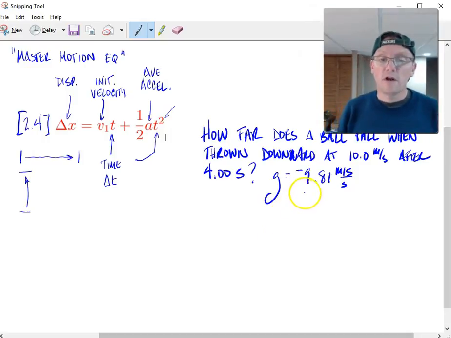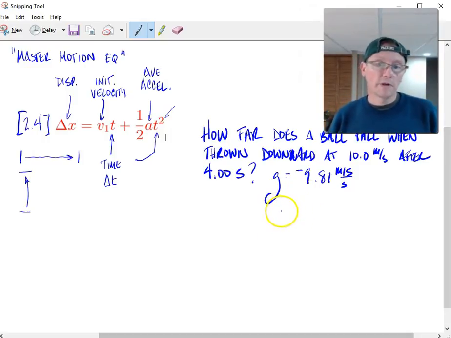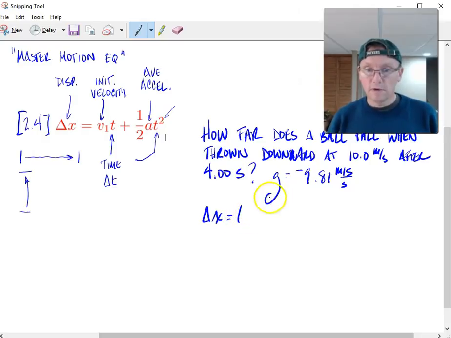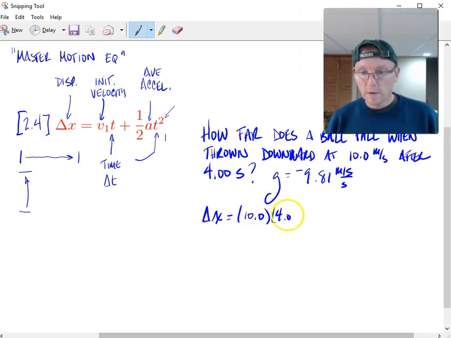So here's the question, how far does it fall? Okay, let's plug it all in real quick. So we got our delta x. That's what we're trying to find, so I don't have to rearrange anything. Awesome. Equals the 10.0 meters per second times 4 seconds plus 1/2. Now, this is an important point here.